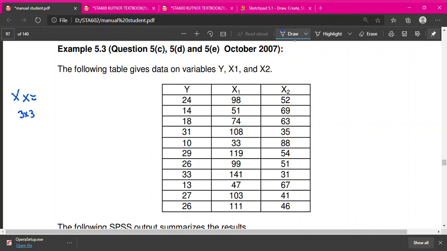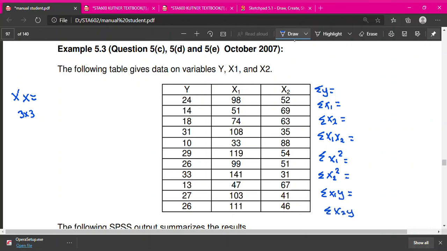Okay, so in order to find this matrix, you need to have all the summation value, which is you need to find the summation Y, summation X1, summation X2, summation X1X2, dan lagi juga summation of X1 square, summation of X2 square, summation of X1Y, dan juga summation of X2Y.